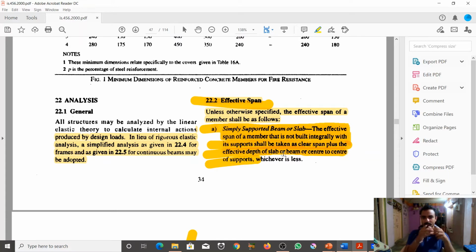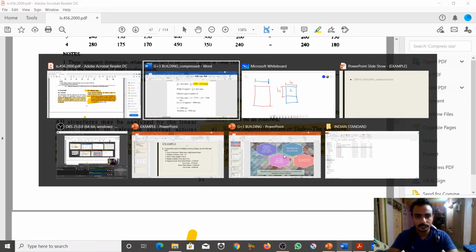First, clear span plus effective depth. Second, center to center of support. Whichever of these two values is less, we can use.